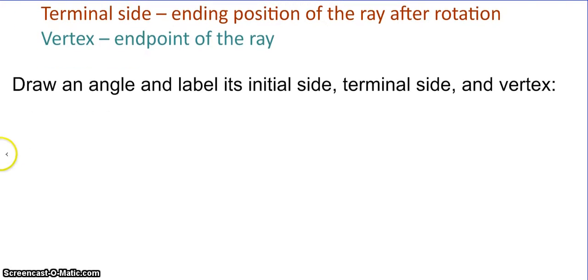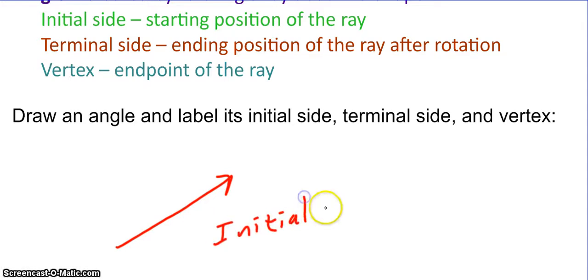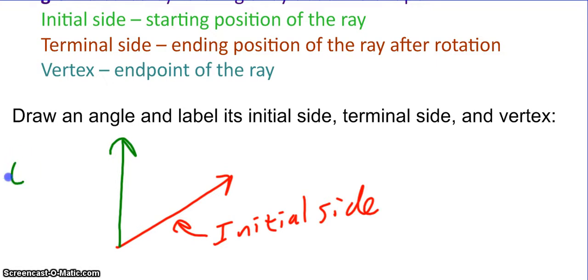So we start with just a ray. So if I draw a ray, and now I'm going to rotate that ray, but it's also going to stay where it originally was, so I'm going to end up actually with 2 rays, one of which is the initial side, and then I'm just going to draw some other ray here, so this will be the terminal side.